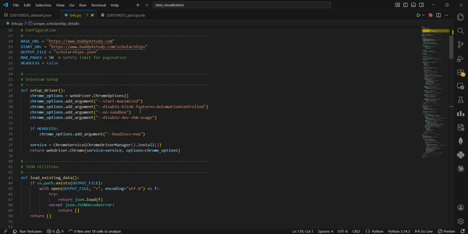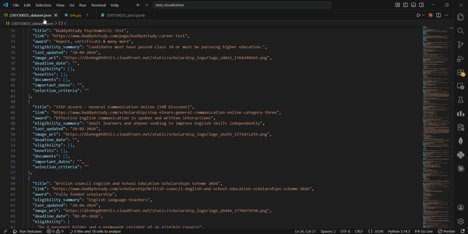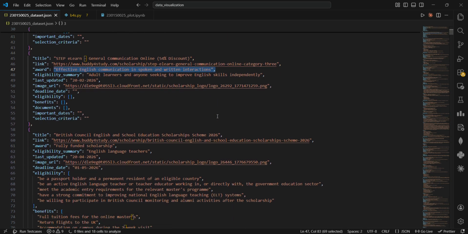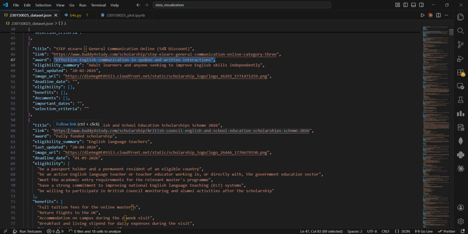Dates were standardized and award formats were regenerated. So first of all, the award looks like this. Award also had some issues.